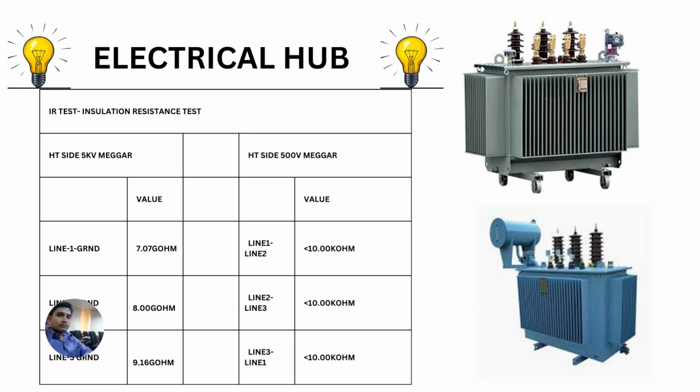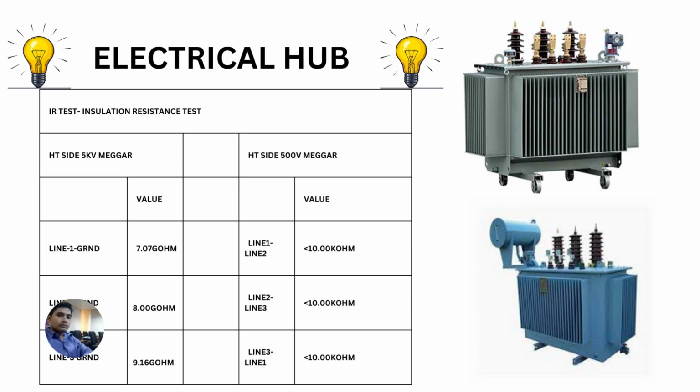While doing the measurement on the HT side, we should use a 5 kV meter. With the 5 kV meter from line 1 to ground, it will be approximately 7 gigaohm, 8 gigaohm or 9 gigaohm depending upon the quality of the insulation. If it is less, then it is a point of concern.